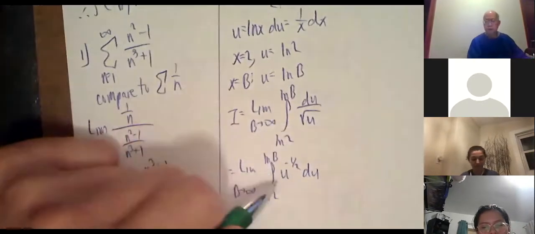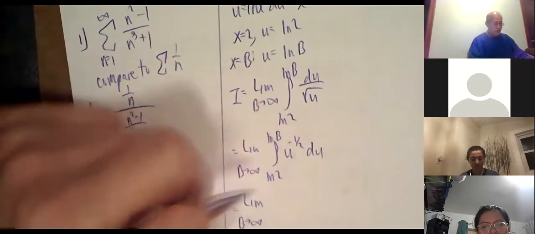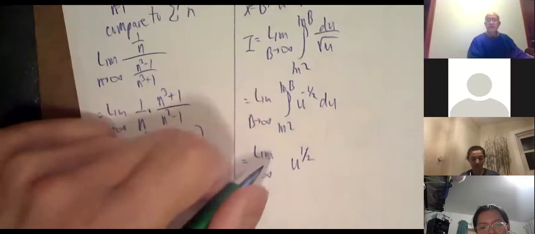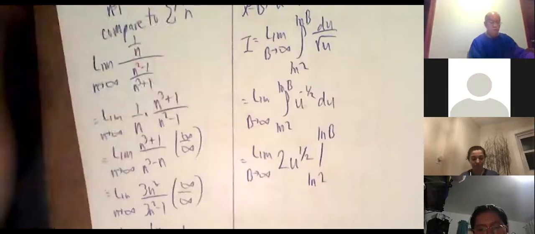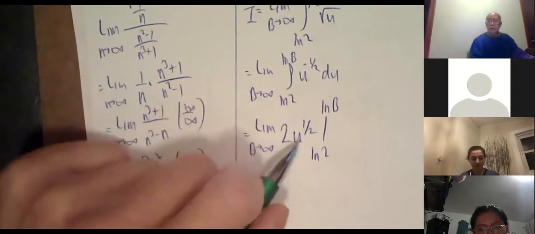Square root of u on the bottom means this, right? So the integral of u to the negative one half is u to the 1/2 divided by 1/2, and dividing by one half means times 2, from ln 2 to ln b. How about I take outside the 2, and that becomes a square root.